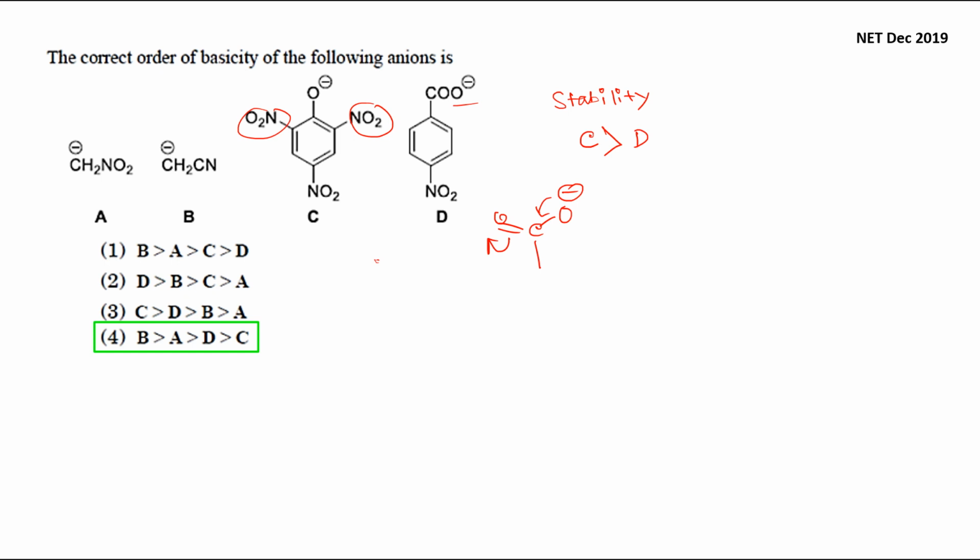After D, the next species will be among these two, which are not aromatic. Next will be A, because in A we have NO2, which is more electron withdrawing than CSIR. So if this is the order C, D, A, B, the reverse will be the order of pK, that is B, A, D and C, that you can find in option 4.